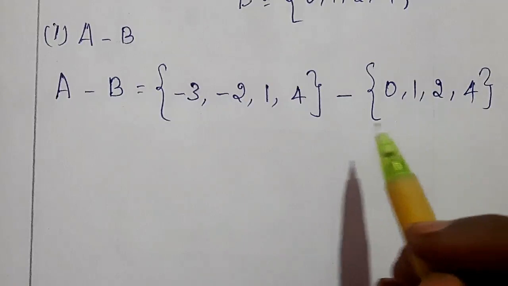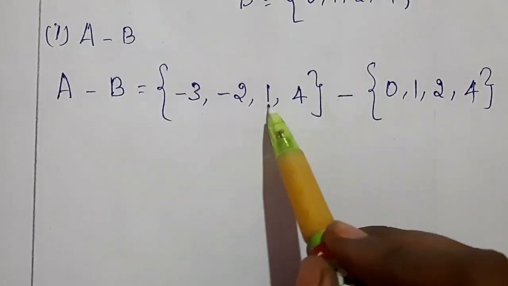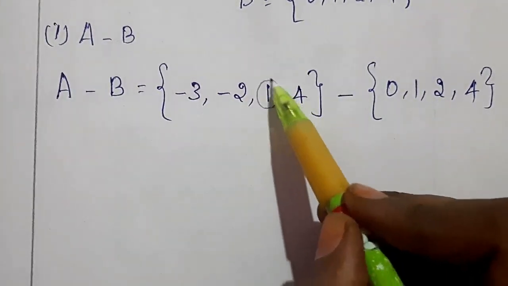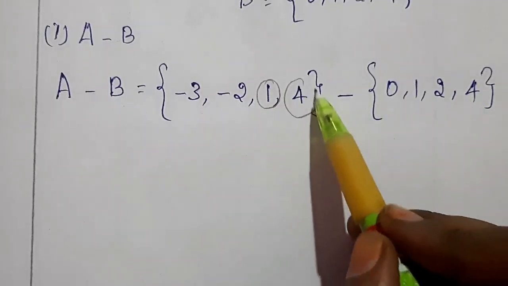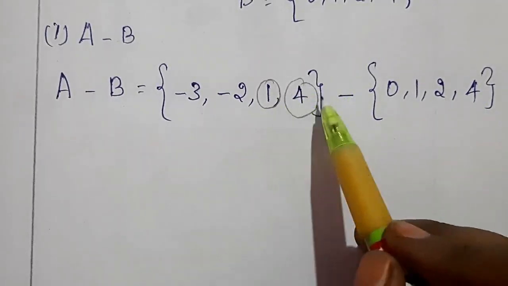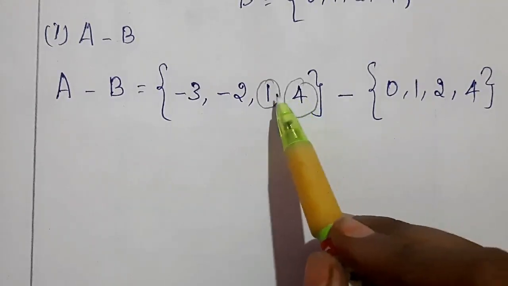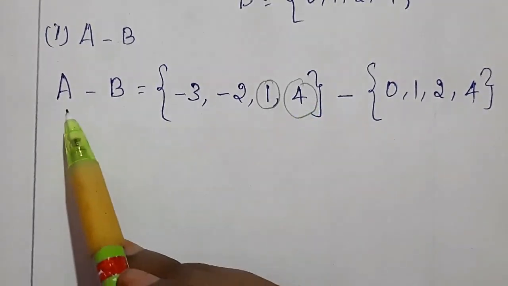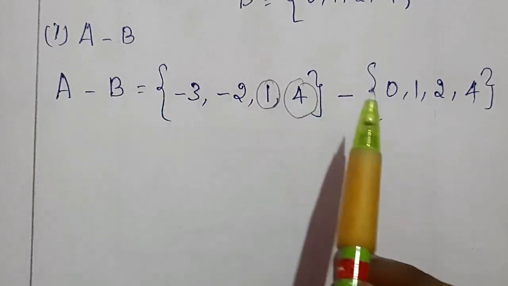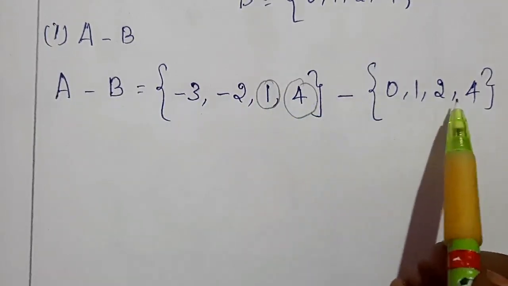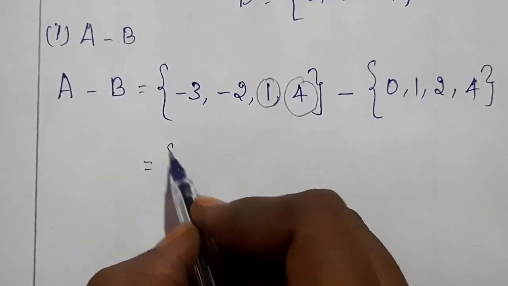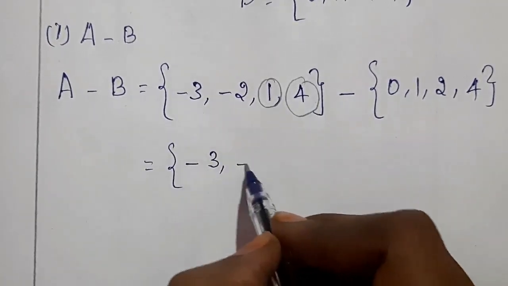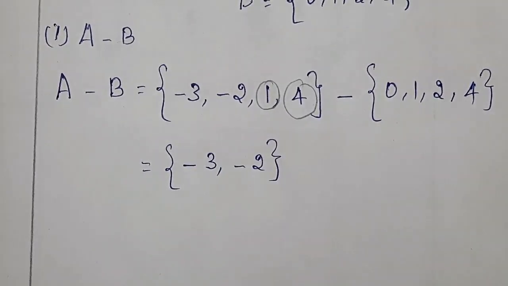First we identify. 0 is not here, 1 is here, 2 is not here, 4 is here. So we have to remove these two elements because they are B elements. Our question is A minus B, so from A we remove the B elements. 1 and 4 are B elements; you remove them. So you will get the set minus 3 and minus 2. So that is A minus B.